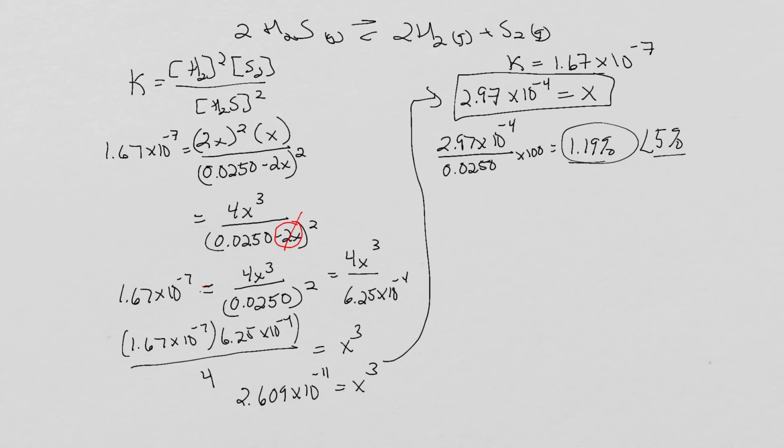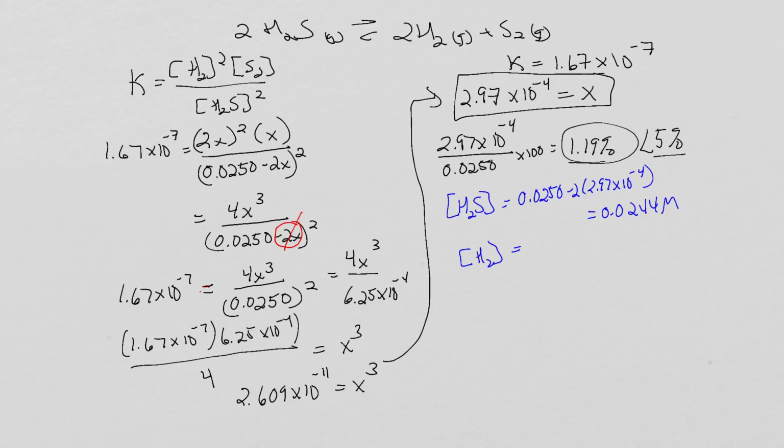So at that point, we're going to plug back in. So the concentration of H2S is 0.0250 minus 2 times 2.97 times 10 to the minus 4. So we go all through that, we end up with 0.0244 molar. Now we go for H2.